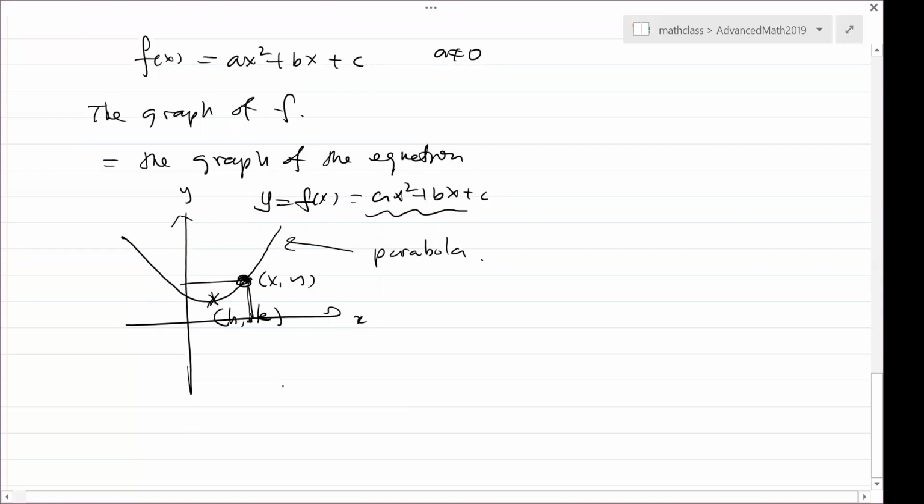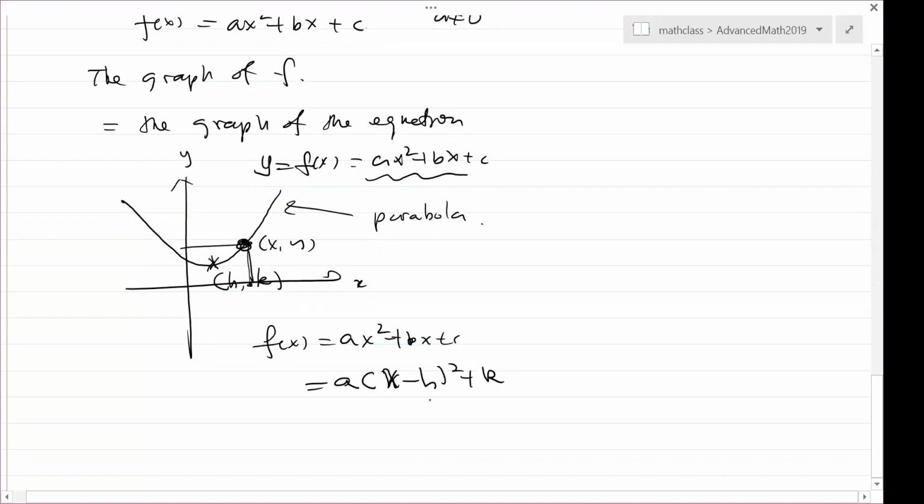Well, you need to express this function in a different form, and that different form is (x minus h) squared plus k. If you're able to express it in this form, then you get the coordinates of the vertex of the parabola.